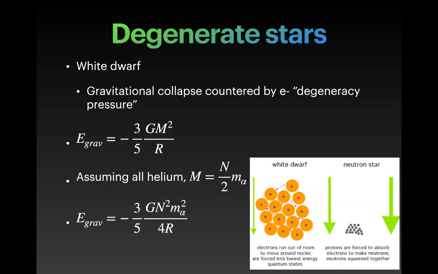So first we need to look at the gravitational energy. If you've had a mechanics class, or actually this is the same sort of calculation that we had for the Coulomb energy of the nucleus, except instead of G and M on top, it was the 1/4 pi epsilon naught, and it was the charge.